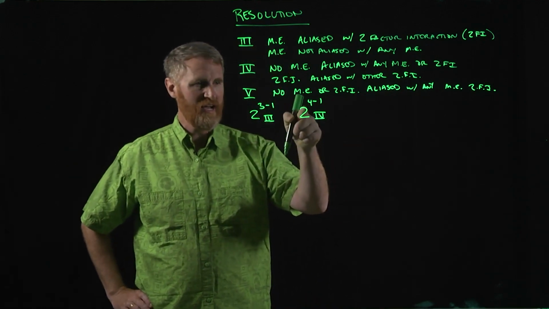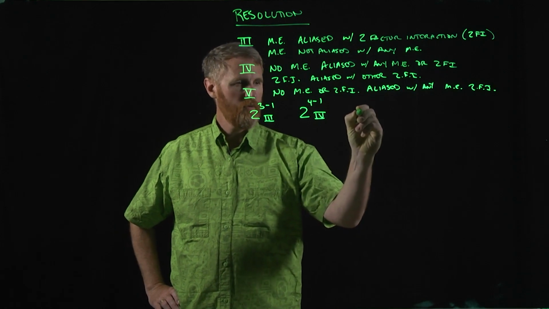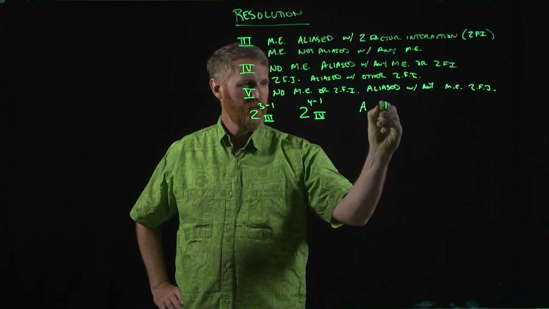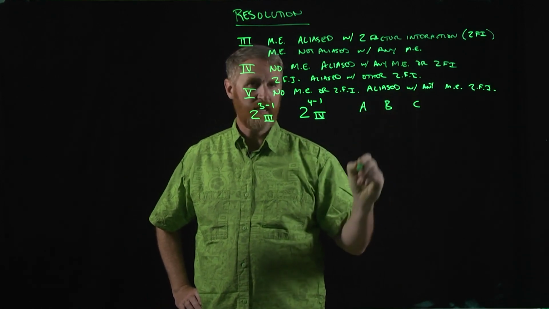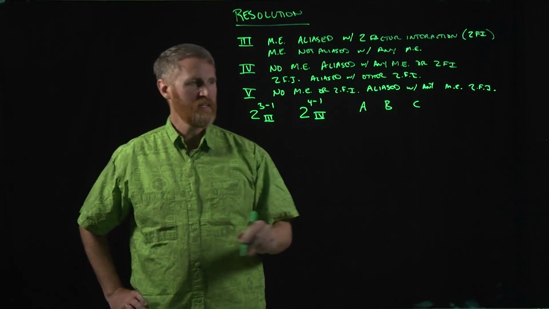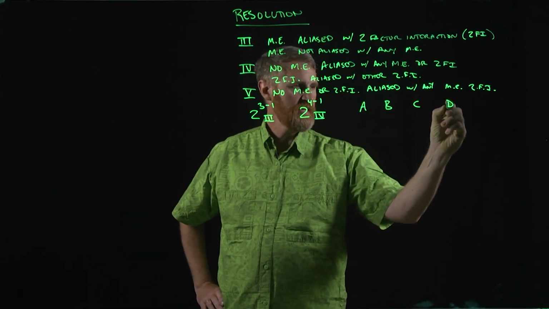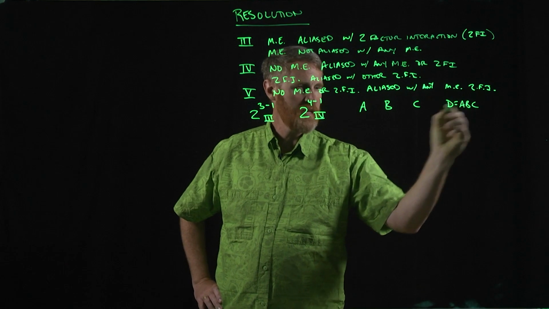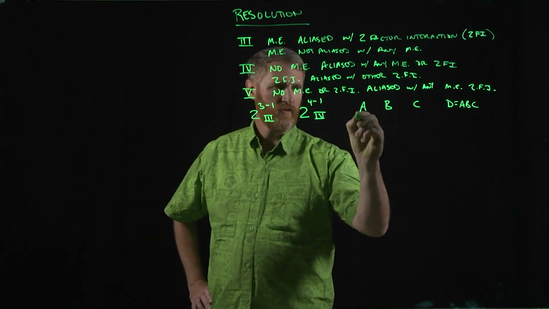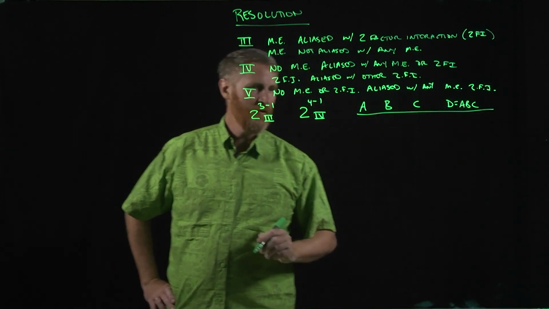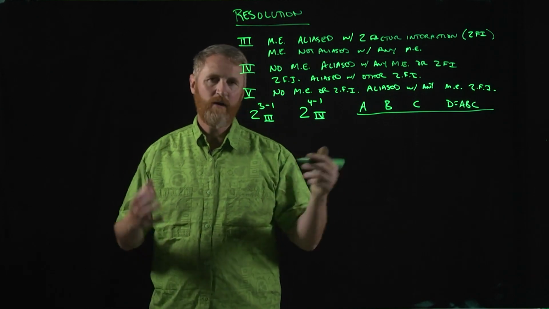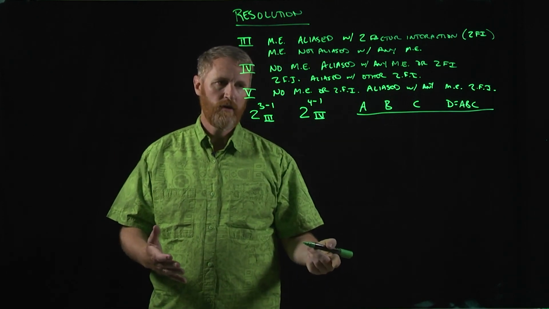If I'm going to design this experiment, what I would do is I would have A, B, C, and I am going to deliberately confound factor D to equal ABC. And so the way I'm going to map that out is I'll start here with A. How many rows do I need to include?